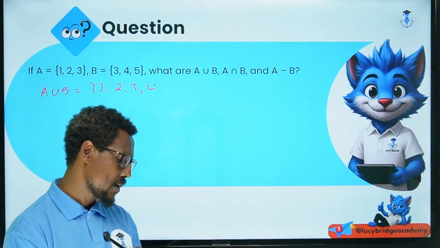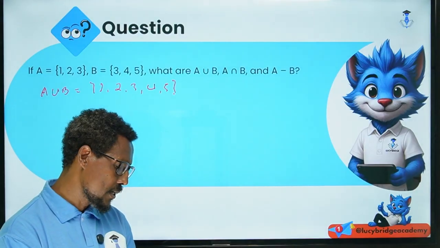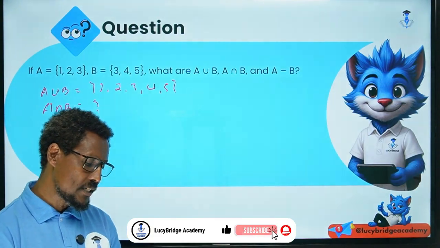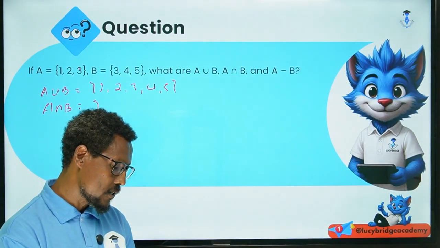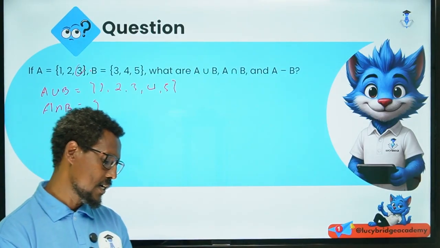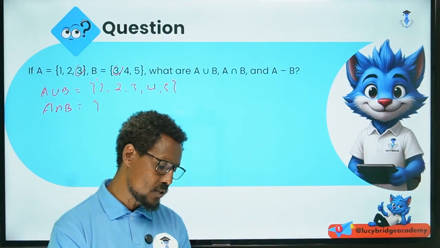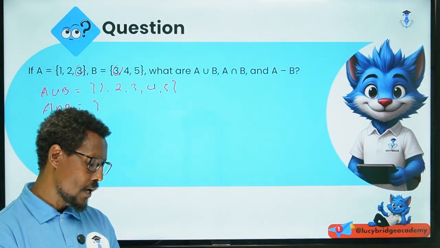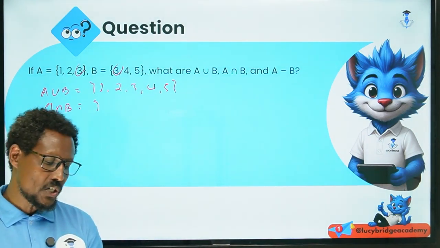A intersection B, elements in both sets, is 3. 3 is in both sets. 1 is in A, not in B. 2 is in A, not in B. 4 is in B, not in A. 5 is in B, not in A. The common element is only 3, so 3 is their intersection.